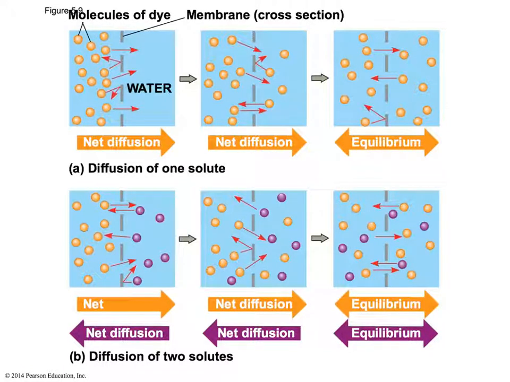All right, so diffusion. Before we get into diffusion, let's talk about transport. Transport, because that's a big function of proteins in the plasma membrane. The function of the plasma membrane is to regulate this transport.